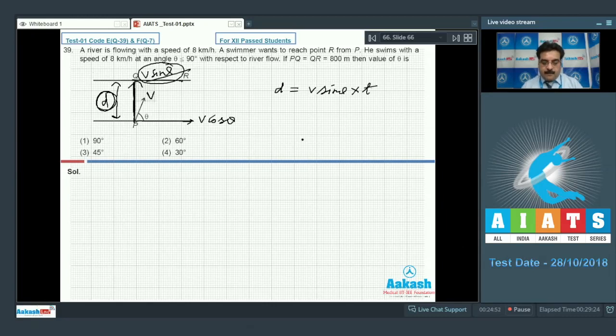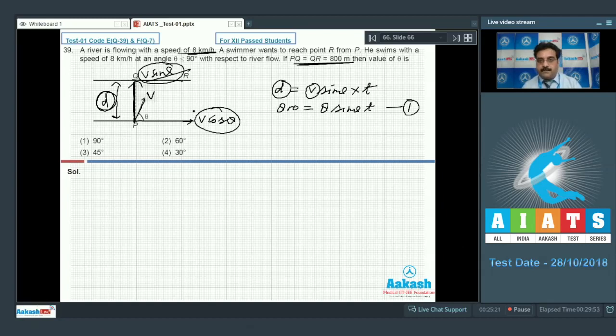If I place the values, D is 800 meter as per the question, so we'll write 800, and V is 8 kilometer per hour, so I will write 8 sin theta into t, and this is my equation number 1. But if we talk about the flow of river on the right hand side, then drifting will take place, and which component will be responsible for the drifting?